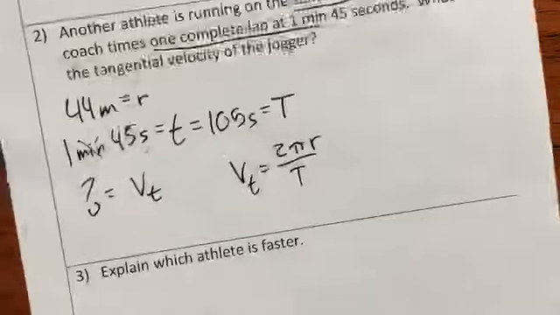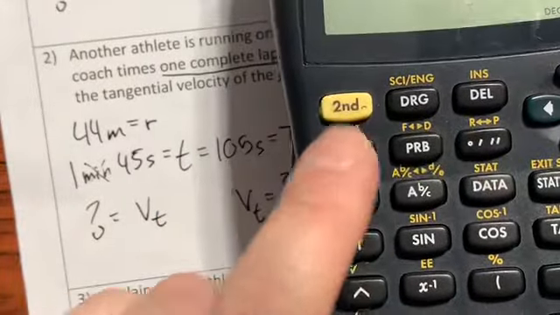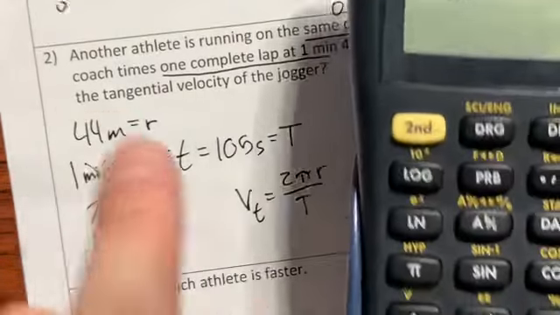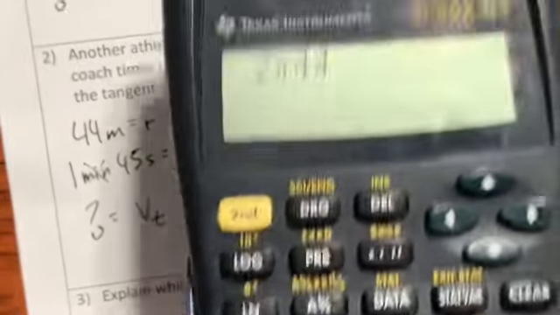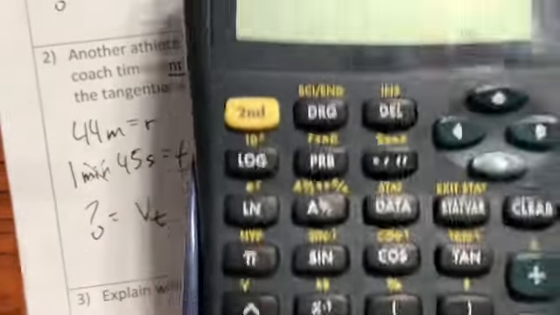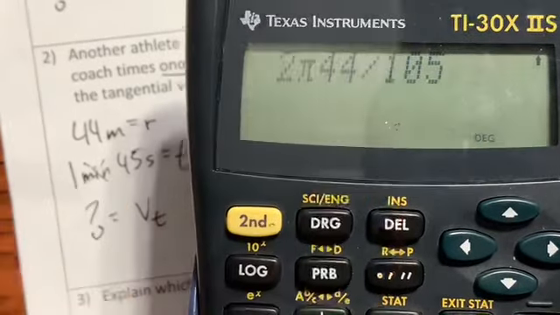So typing that into the calculator, 2 pi is just a few buttons below down here to the left from the top. Pi, radius was 44, divided by period of 105. Calculator knows to multiply before we divide.